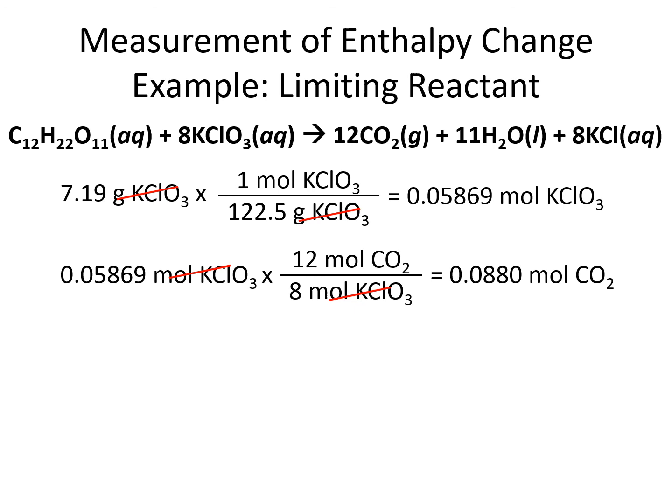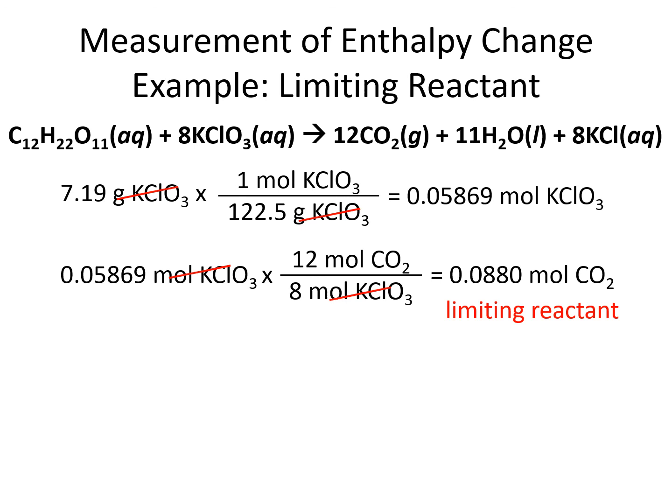The other starting material, the sucrose, could yield 0.0936 moles of CO2 if it reacted fully. So the value based on the potassium chlorate, 0.0880, is the smaller of the two values, which means the potassium chlorate is the limiting reactant.